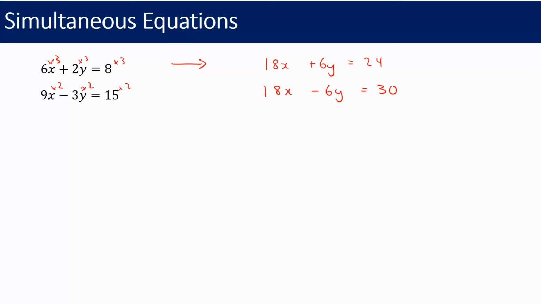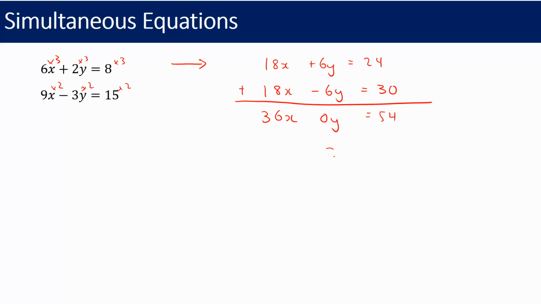Then you do your elimination method. You say, add, subtract, multiply. In this case, I can add them because positive 6y added with minus 6y will cancel out. So this gives me 0y, and this gives me 36x equals 54.